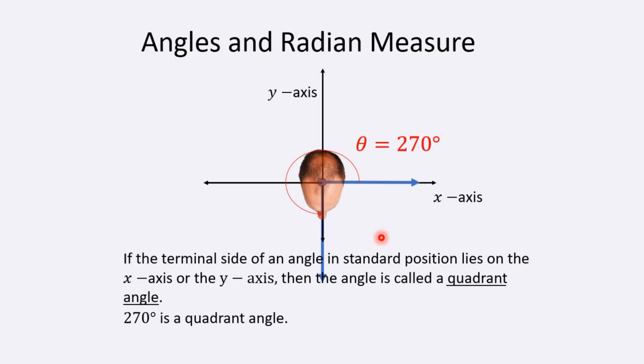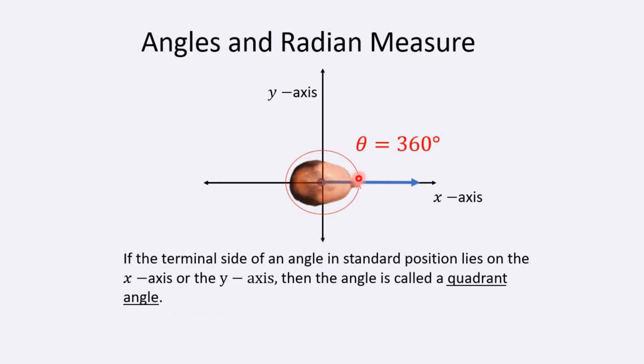And another quarter turn takes you to 360 degrees. One full revolution. The terminal side lies along the positive x-axis in the same place that the initial side does. So 360 degrees is a quadrant angle.